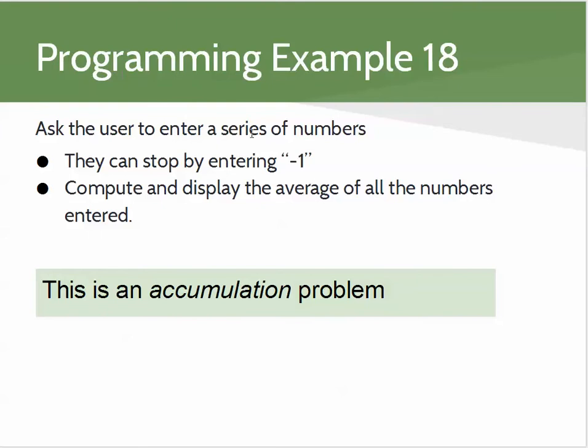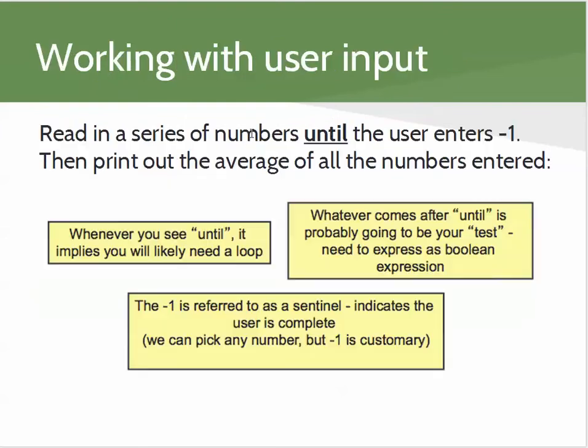All right, so let's review a little bit about what we've learned so far with loops. When we're working with user input, loops are very, very common. Typically, we'll let the user control when the program stops accepting numbers or stops doing a certain activity. Part of the difficulty with programming when you're first learning is trying to figure out exactly what constructs to use when you see a problem statement.